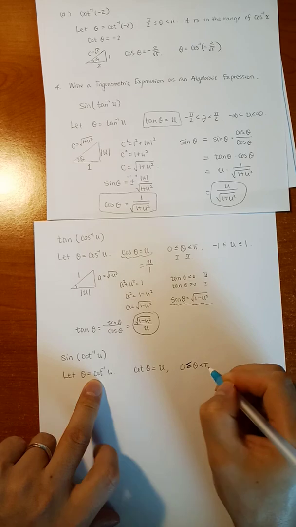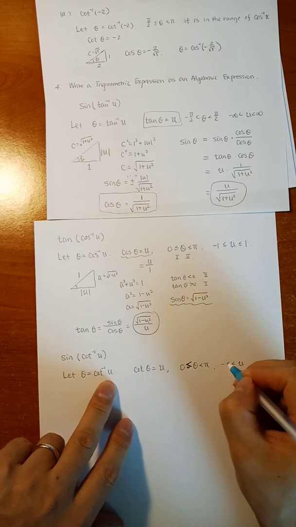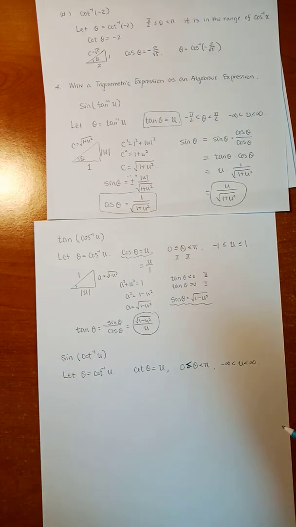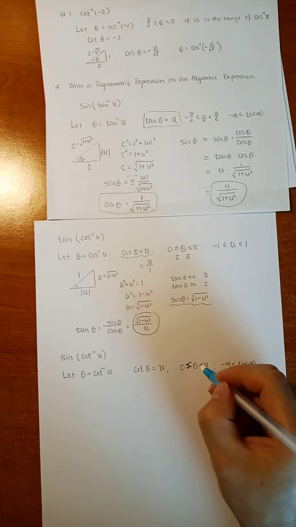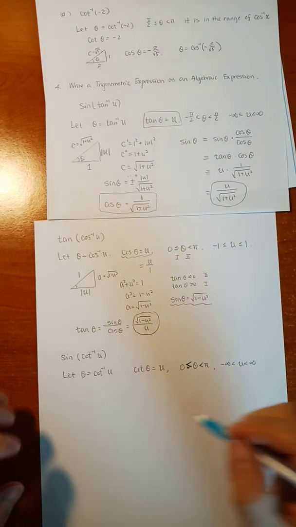And u is between negative infinity and positive infinity. The range of theta is 0 to pi. The domain is negative infinity to positive infinity.